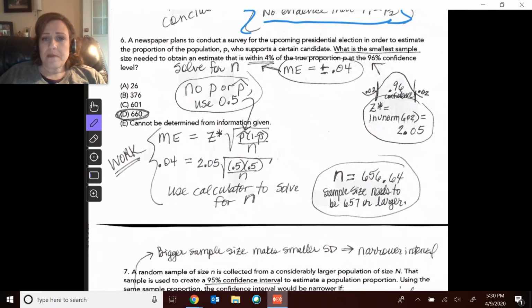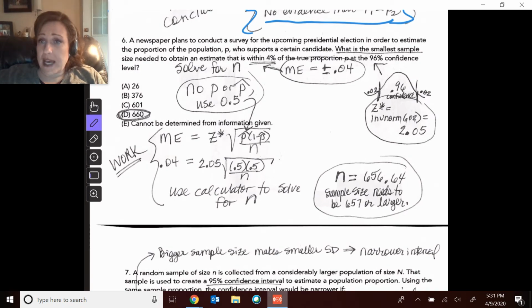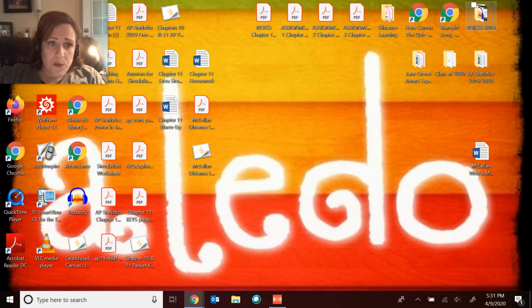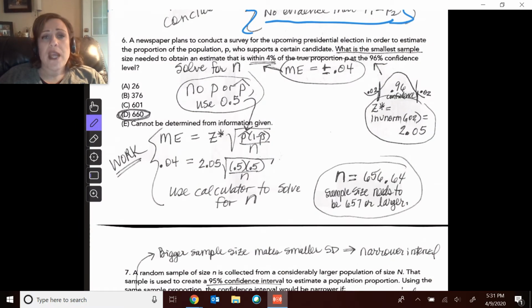All righty then. Now, 6 is going to be one where we might pull up the calculator real quick. In fact, let me get that going here. So when we do that, I'll pull that up while we're working. This is the one where they give us a specific margin of error they want us to have, the confidence level, that's going to give us our critical value, and they want to know what size sample.